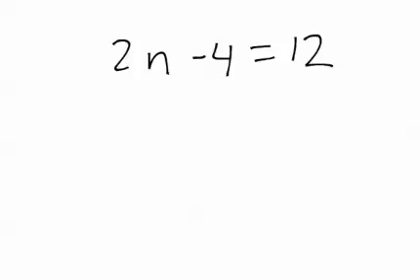So again, we're going to look at our negative 4, which is the constant. In order to get negative 4 off of this side, we need to add it to the other side, because negative 4 plus 4 cancels out, so we are done with that.